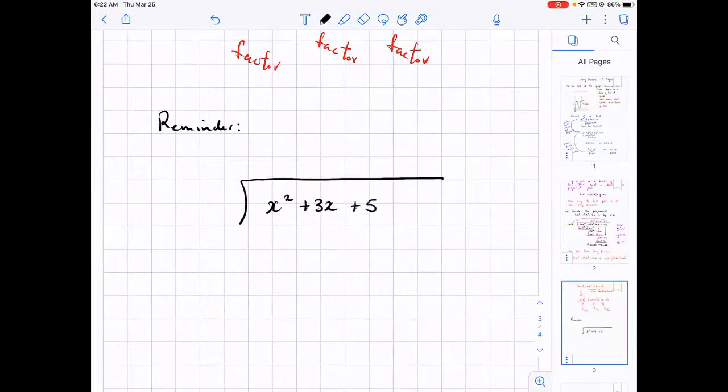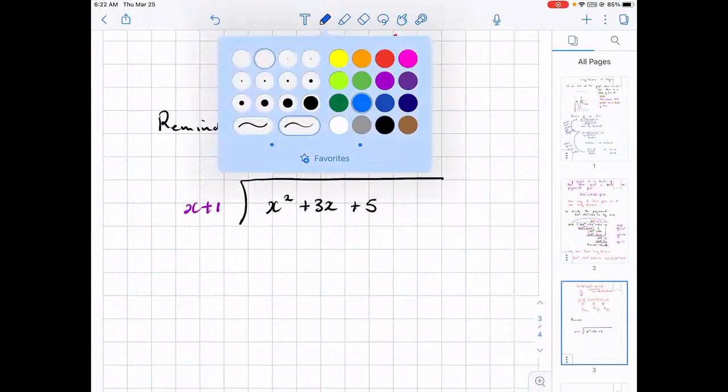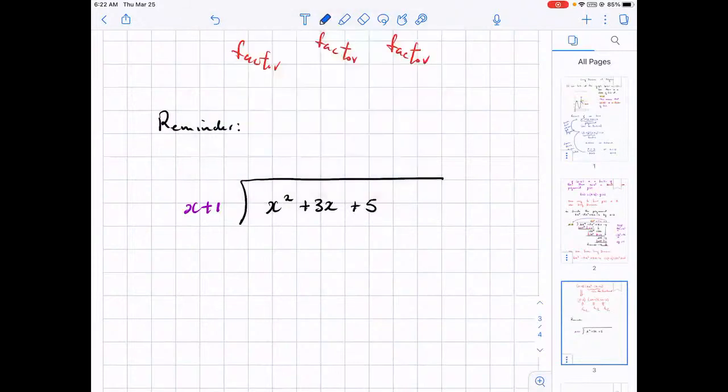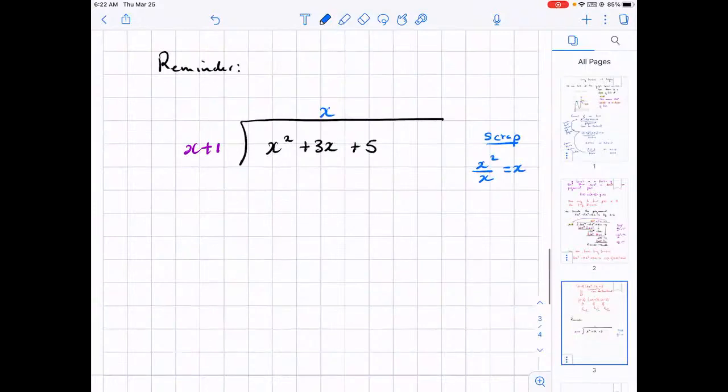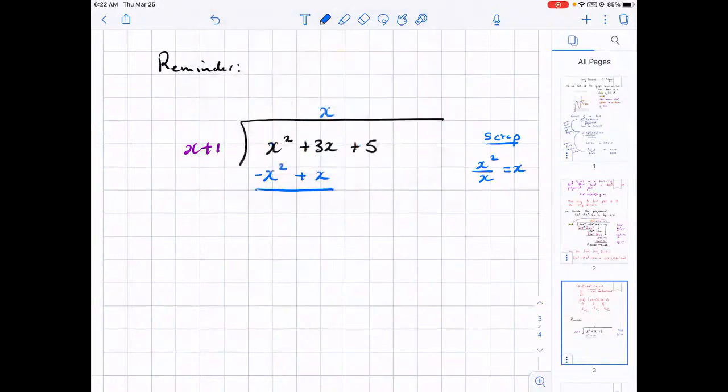And if I divide that by x plus 1, and I do all of the work here, okay, if we look at the scrap work, x squared divided by x is equal to x. So we write the x over there. And then this becomes, if I multiply, x squared plus x.